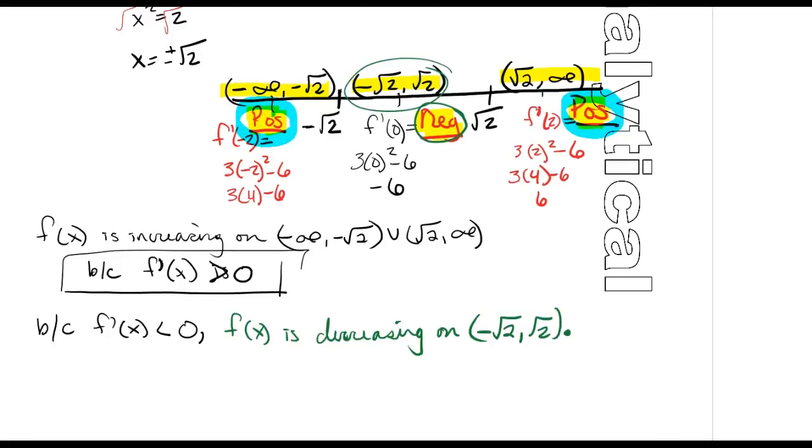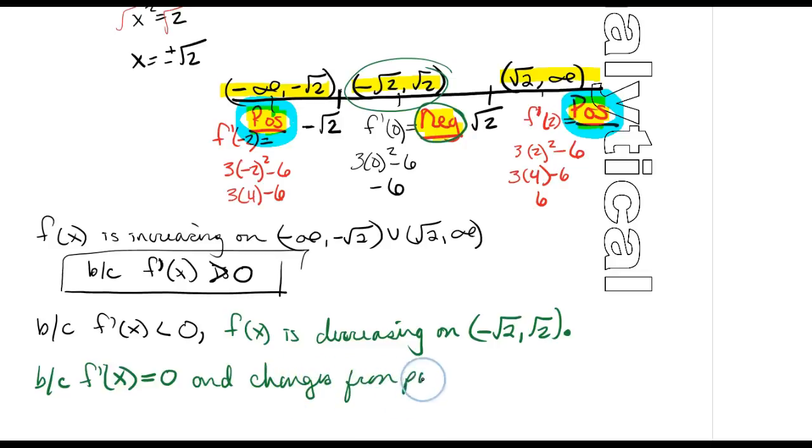So we want to find where I have a relative maximum. I would have relative maximums where my derivative equals 0 and changes from positive to negative. So where does it change from positive to negative? That would be from here to here.